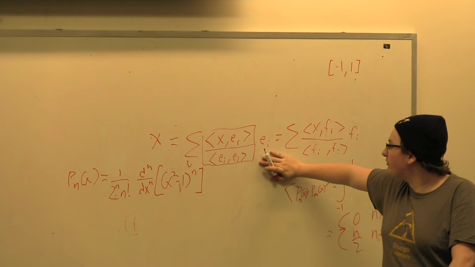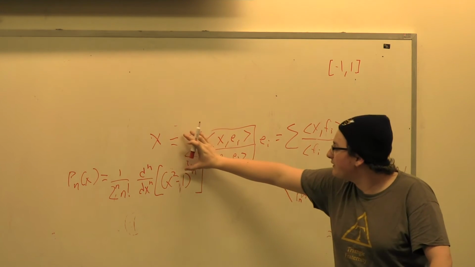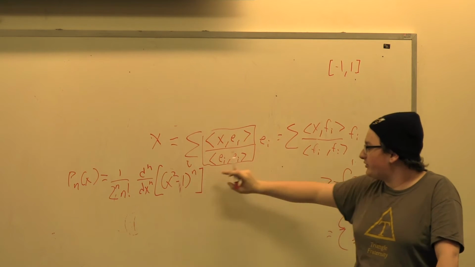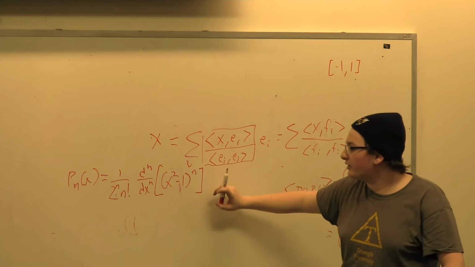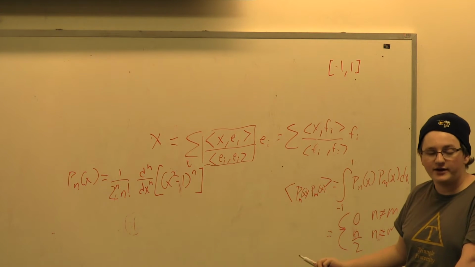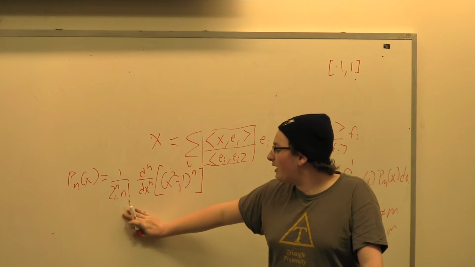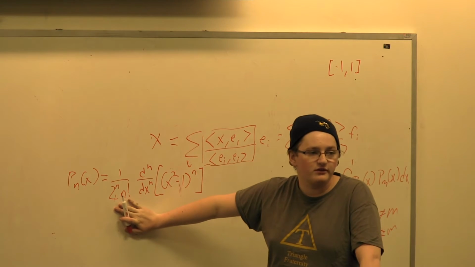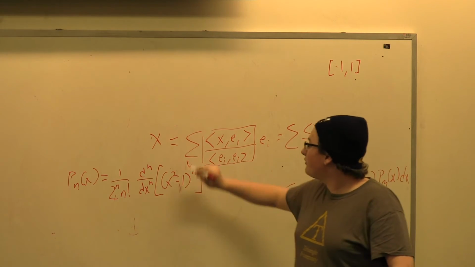So applying this operation, but truncating the number of terms instead of going across all infinitely many Legendre polynomials, only doing a finite amount of them, we can get a power series approximation to a function f.